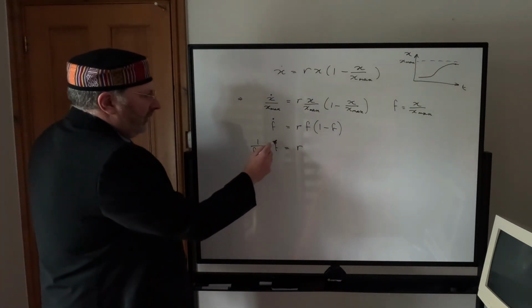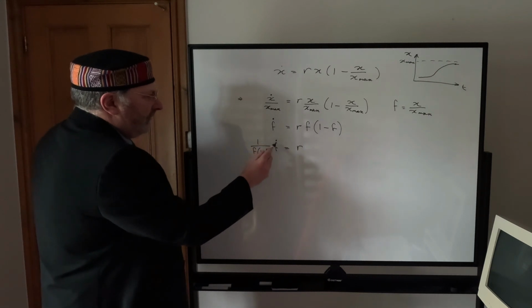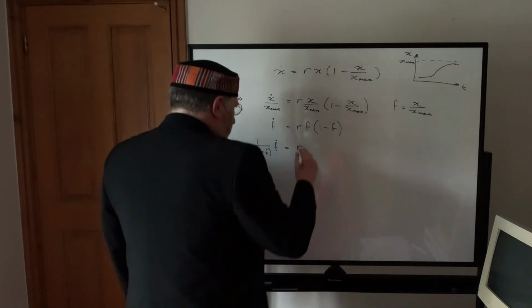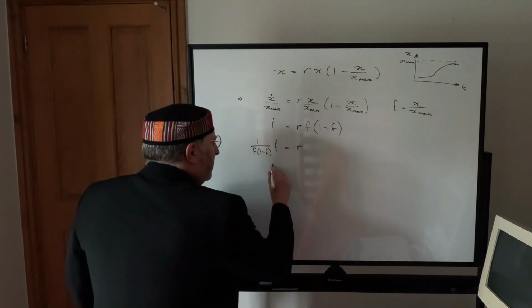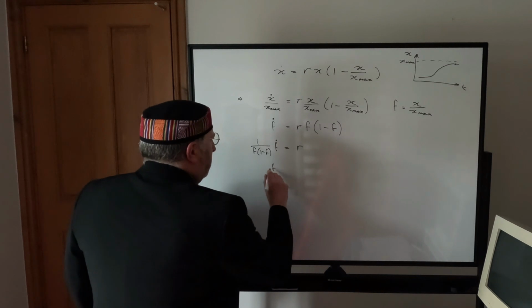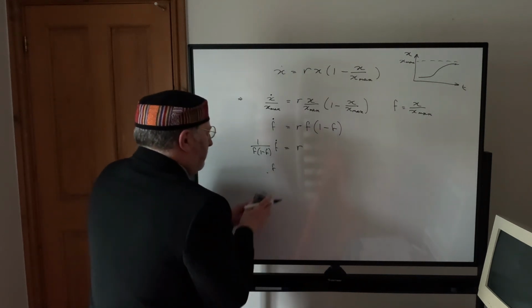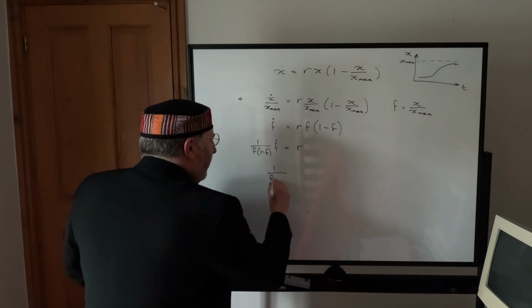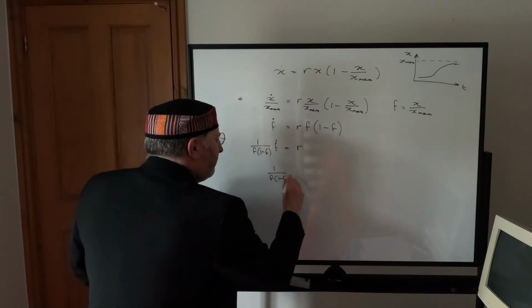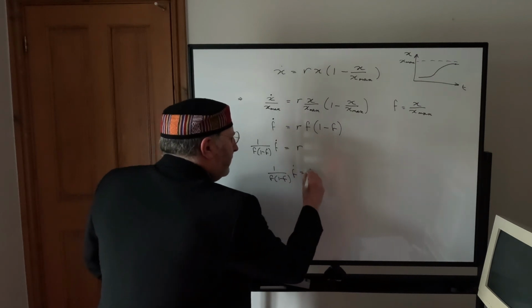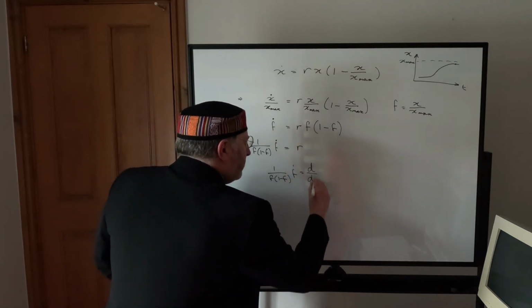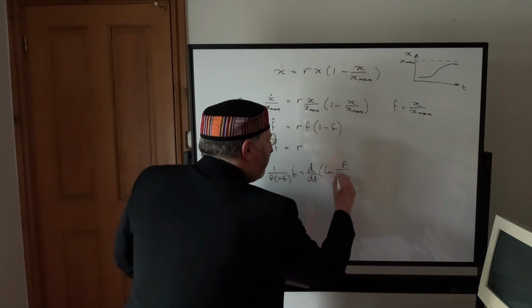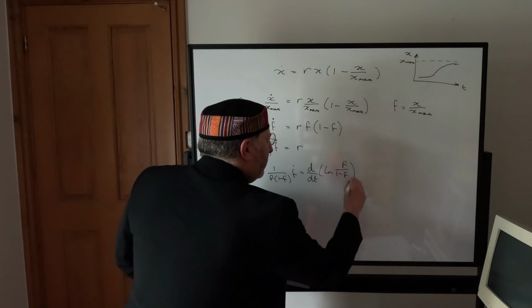And what I'm going to say is that this, 1 over f times 1 minus f, f dot, is the derivative with respect to time of the log of f over 1 minus f.